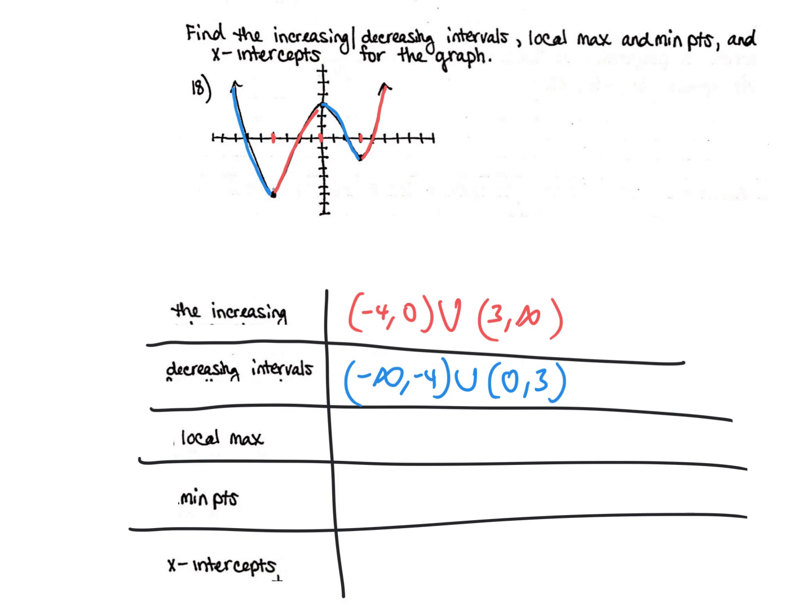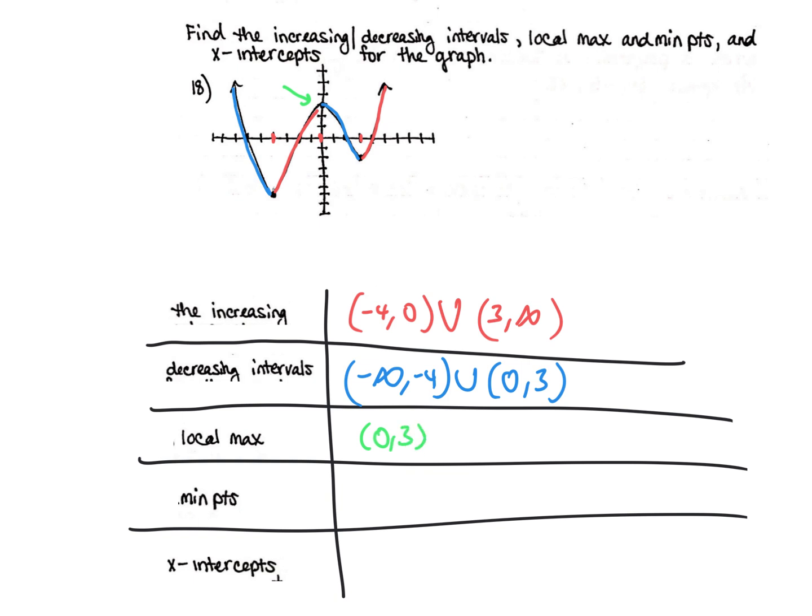Okay. Local max. Well, that's clearly this. They did mention the word points, local max and min points, so I'm assuming the teacher wants XY coordinates. So we have (0, 3).